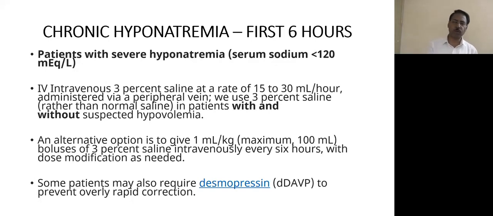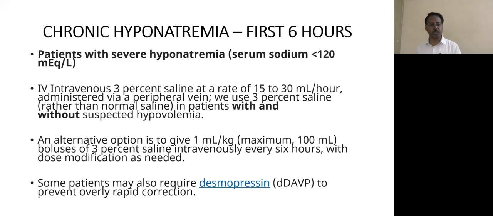You don't need to go for a central line for this replacement. You will be wasting time trying to get central line access. A peripheral line is as good, as the study shows, right? So have a peripheral line. You can put the 3% saline at the rate of 15 to 30 ml per hour administered through it, and that's the recommendation that they say.